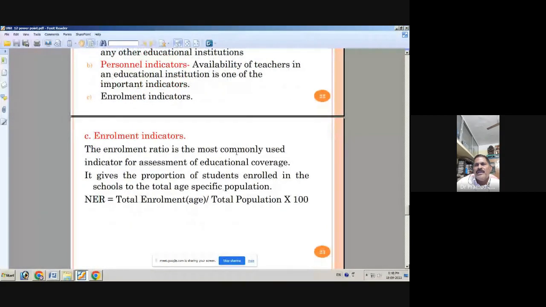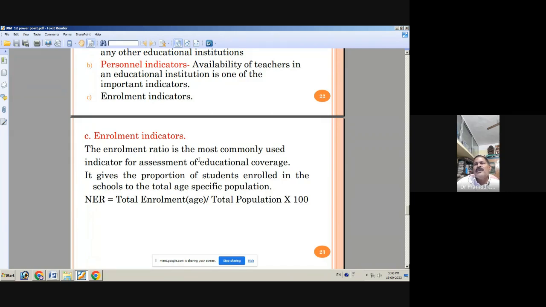Next is the enrollment indicator, which is very important because sometimes students take admission in institutions which have a reputation. With no reputation, they will have to go to another educational institution.